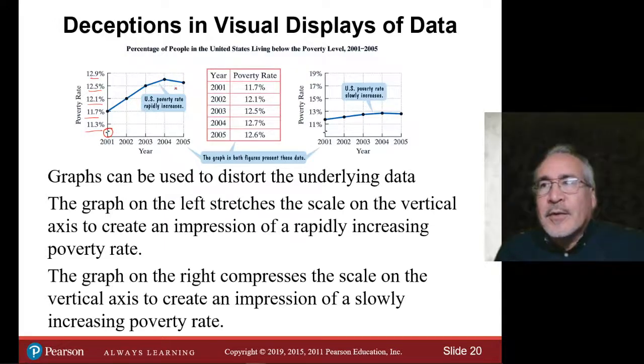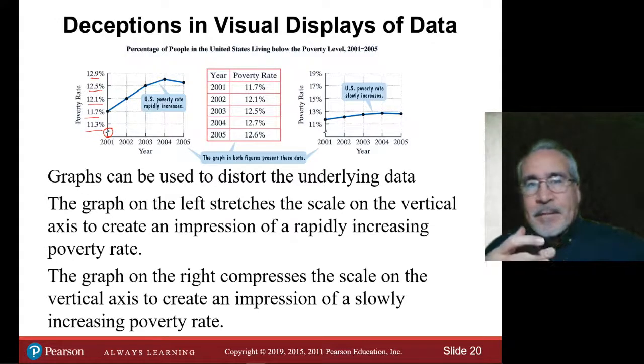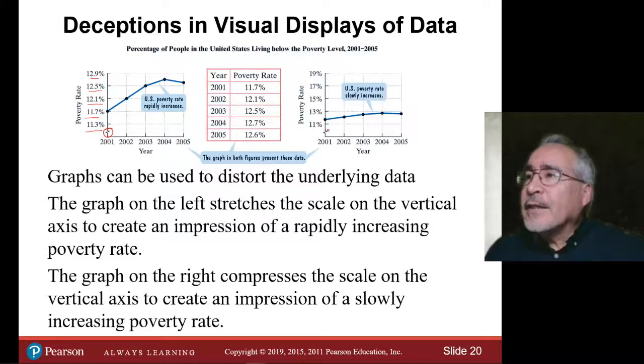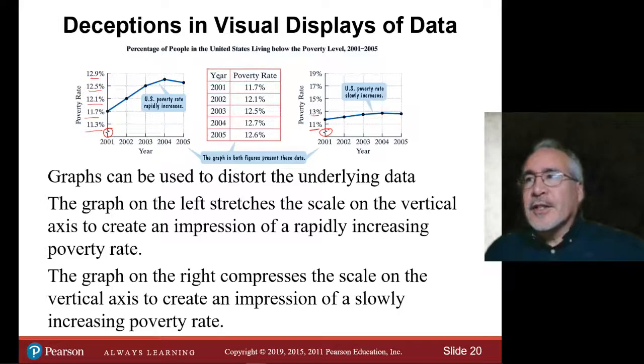We're zooming in on something, which can make a small difference look large. Here they've done the same thing. They're only showing the top, but then look at this. Each tick mark is 2%. So that's going to reduce the look of any differences.